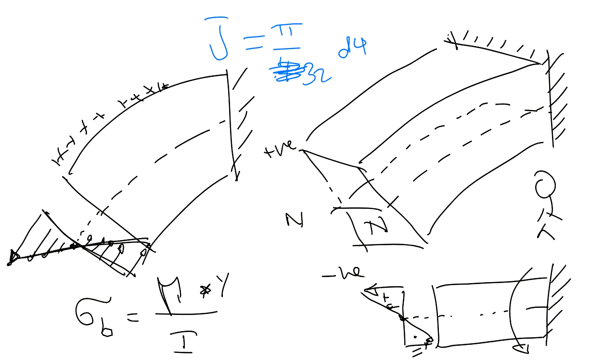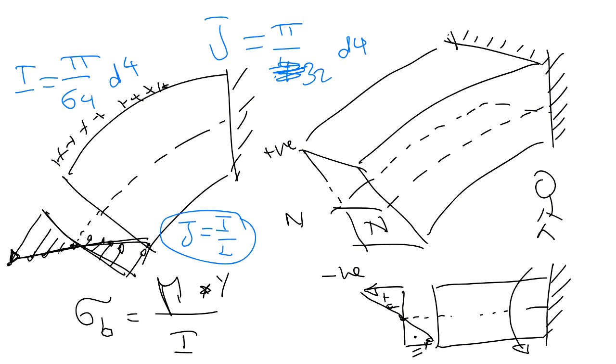Now, what about I for the same circular cross section? This I is pi, but this time not over 32, it's over 64 d to the fourth. In other words, we can claim that for the circular cross section, your J is equal to I over 2. Remember this relation, guys. This is only for the circular cross section.